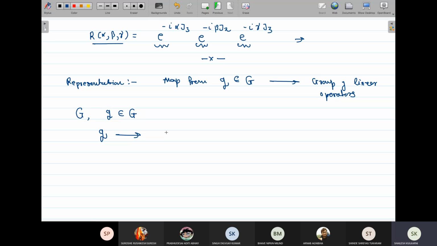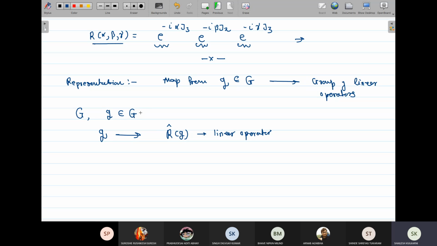Let me write that as R(g). So this R(g) is a linear operator. Your group element is not in general a linear operator, but the representation is a map from a group element g to a linear operator.